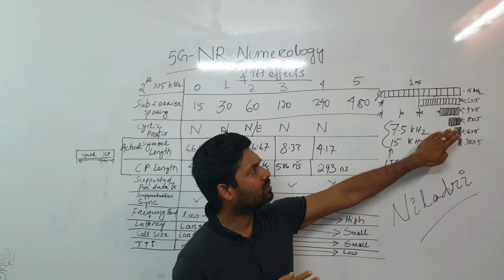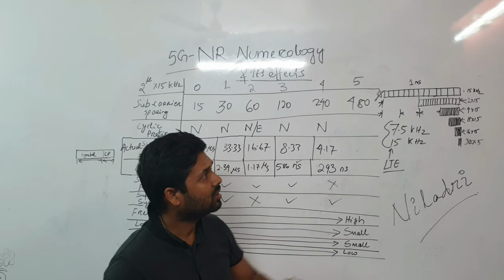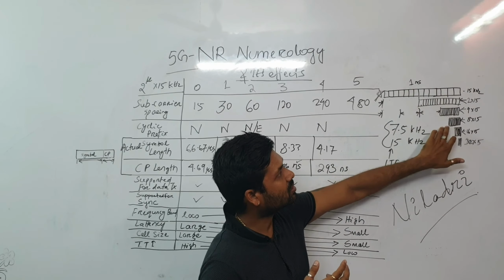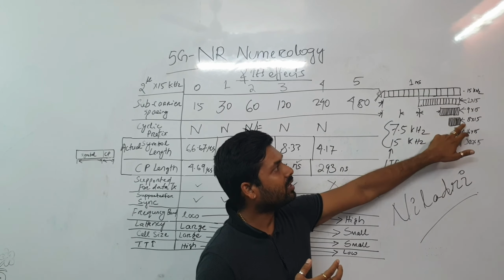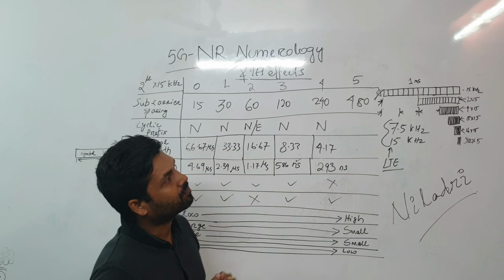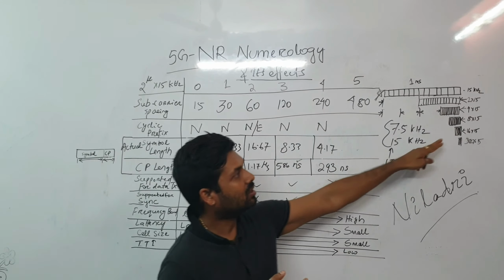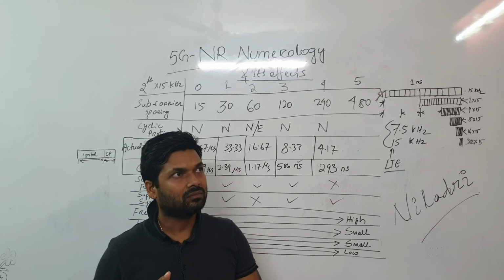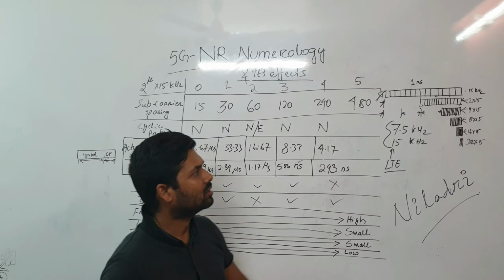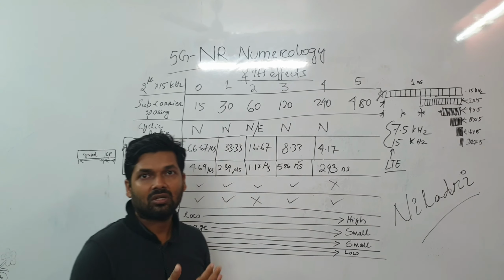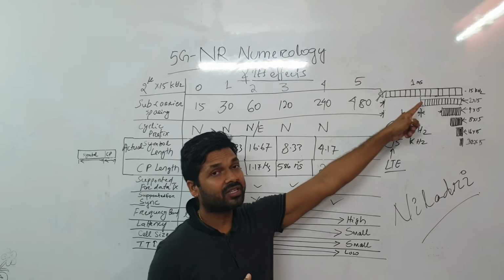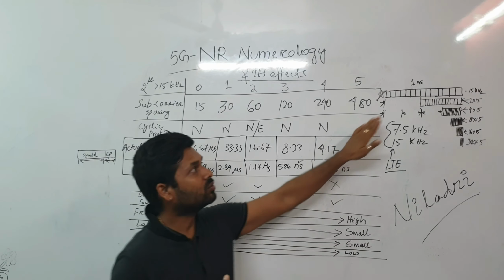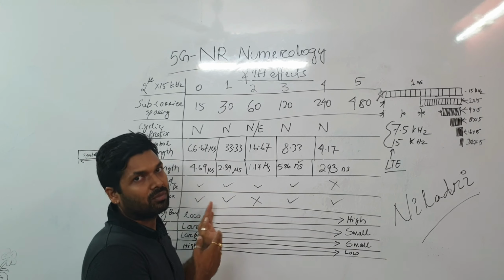For the fourth one, you multiply 8 into 14 symbols. Comparing to 15 kilohertz, you multiply 14 symbols by 8. And then for numerology 5, that means 240 kilohertz, 16 into 14 symbols, so around 220 symbols. You can do the calculation. That many more symbols can be transmitted in the same 1 millisecond transmission time with higher subcarrier spacing, whereas with lower subcarrier spacing you are sending a relatively low number of symbols.